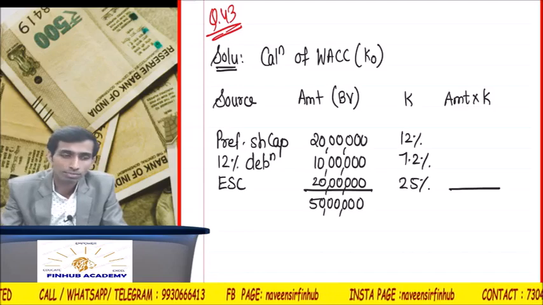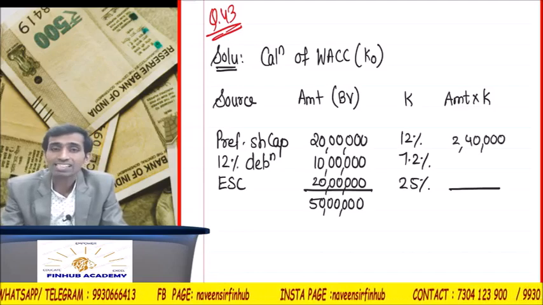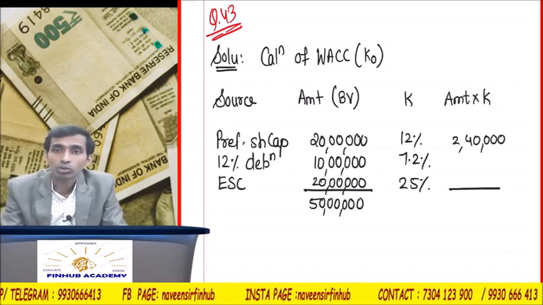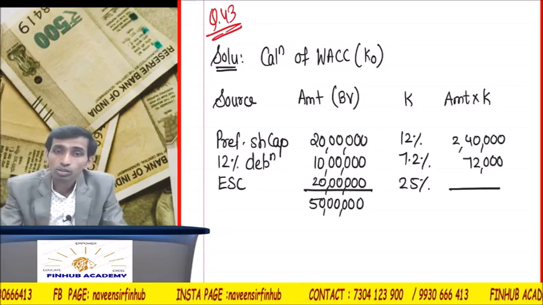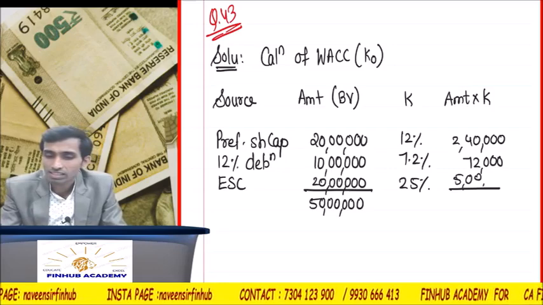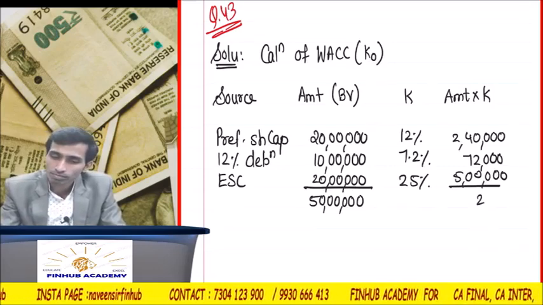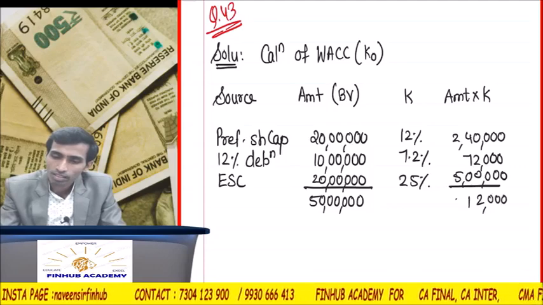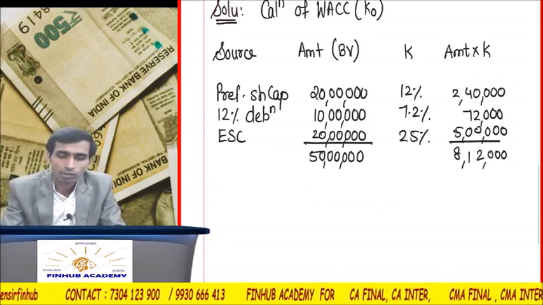20 lakhs into 12% is 2 lakh 40,000. 10 lakhs into 7.2% is 72,000. 20 lakhs into 25% is 5 lakhs. Total is 8,12,000. Listen carefully.